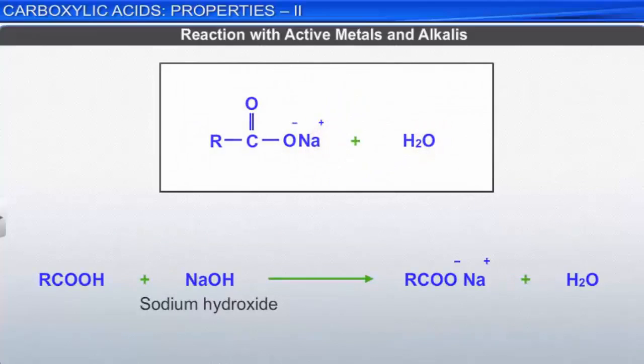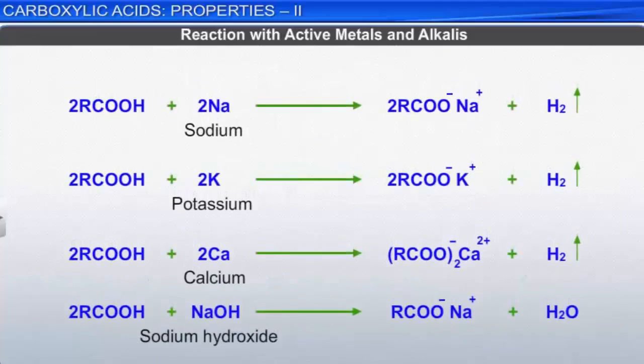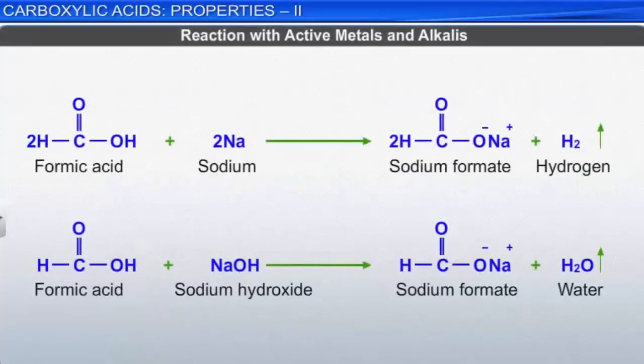This reaction essentially involves the hydrogen atom of the COOH group. The reaction of formic acid with sodium metal and sodium hydroxide is shown here. Note that although the salt, sodium formate, is formed in both the reactions, hydrogen gas is evolved only in the reaction with sodium.